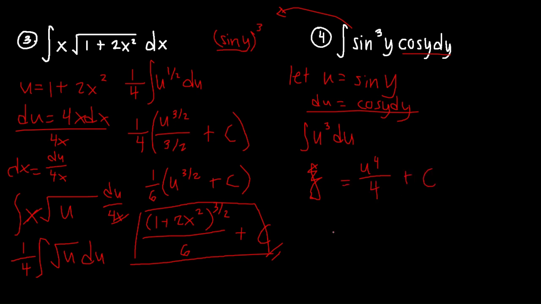And then you can replace u with sine y, so (sine y) to the power of 4 over 4 plus c, or sine^4 y over 4 plus c, and that is your final answer.